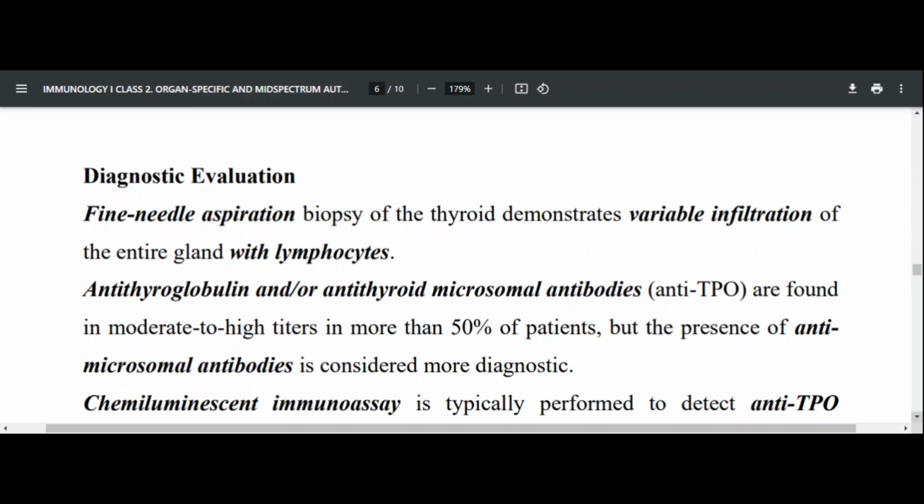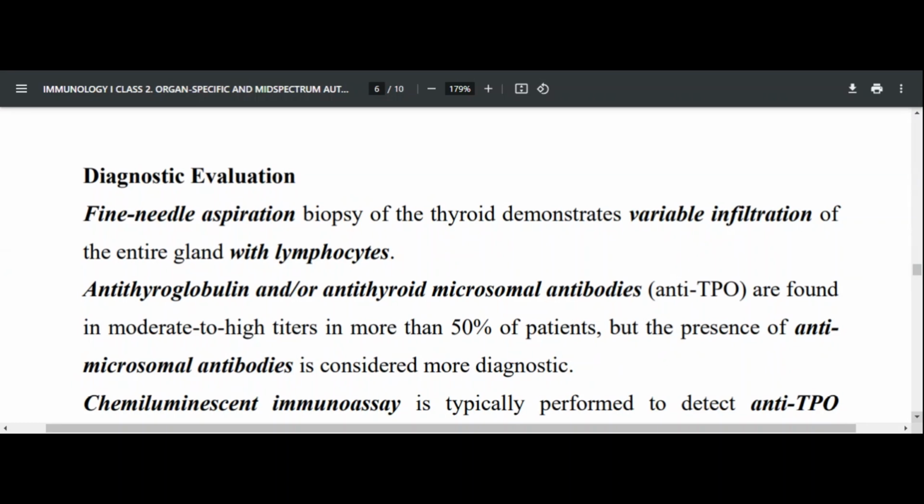Anti-thyroglobulin antibodies and anti-thyroid microsomal antibodies are found in moderate to high titer in more than 50% of patients, but the presence of antimicrosomal antibodies is considered more diagnostic.